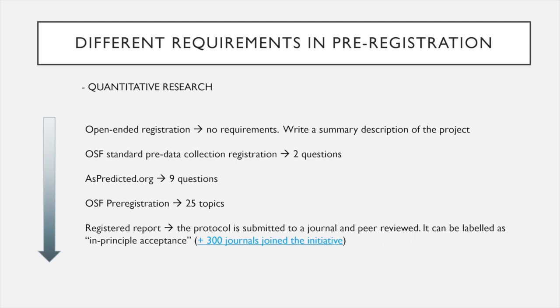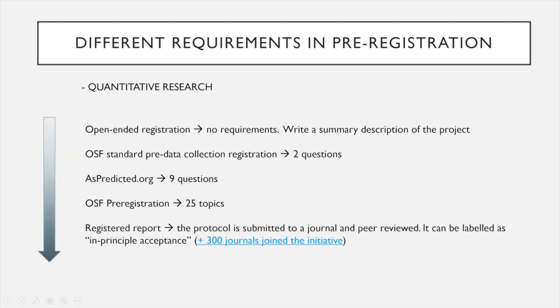If we want to go a step further, we can use the OSF standard pre-data collection registration that has only 2 questions. Then we can go for another possibility with 9 questions. Then we can go for the OSF pre-registration with 25 topics, so a lot more detailed.